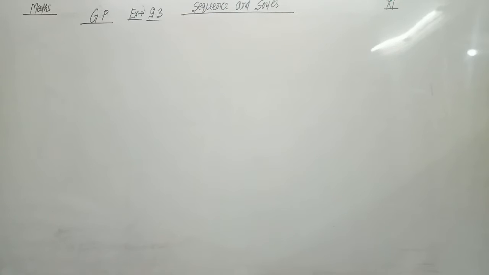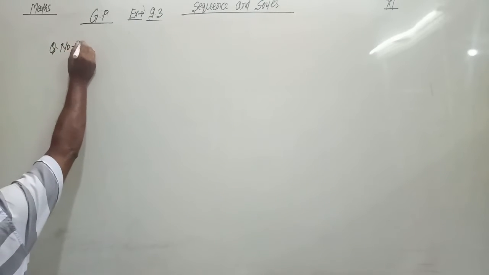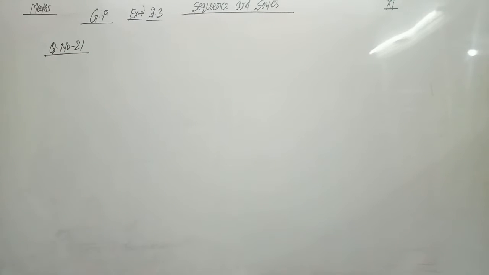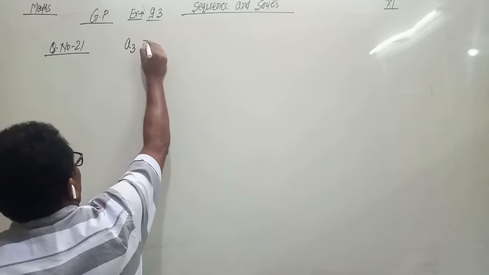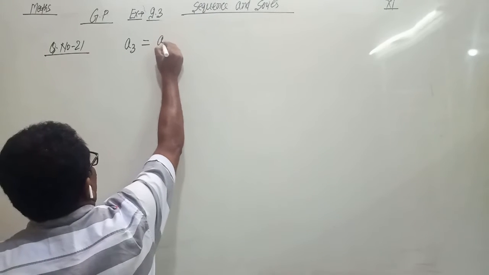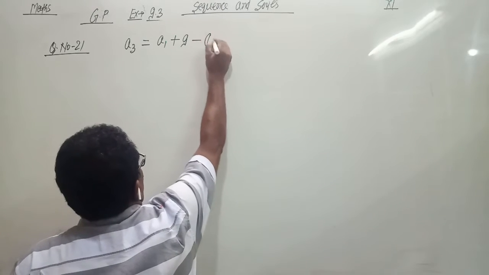Now next, question number 21. Find four terms forming a geometric progression in which the third term is greater than the first term by 9, that is, A3 equals A1 plus 9.